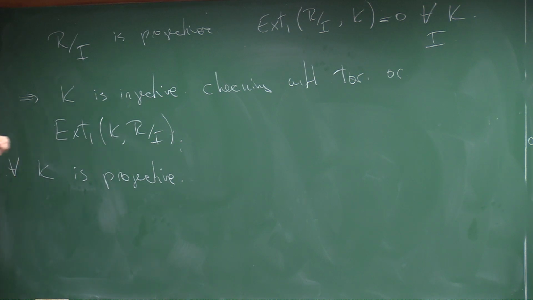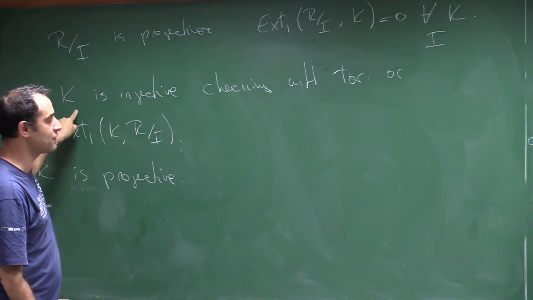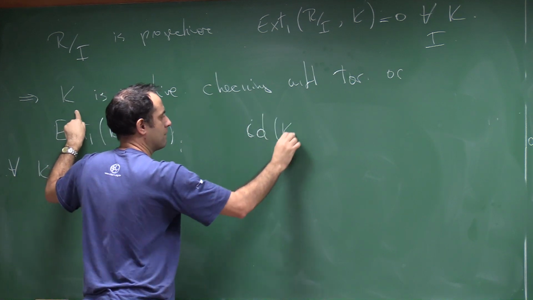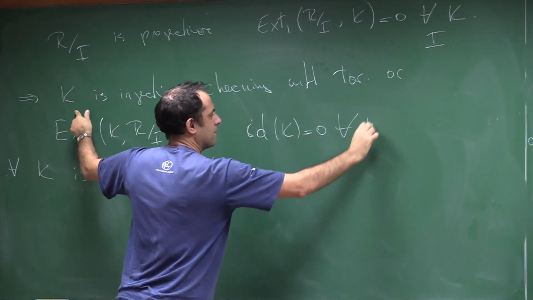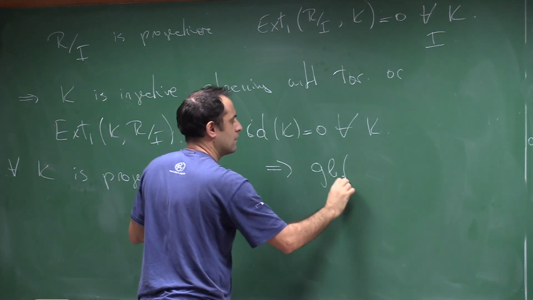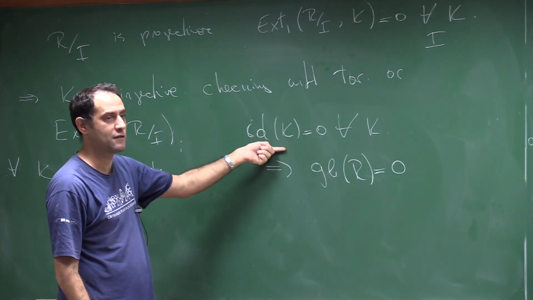Or put it in a different way, since every module k is injective, then every module has injective dimension 0. This implies that the global dimension of the ring is 0, because I can compute this as a supremum of all the injective dimensions.